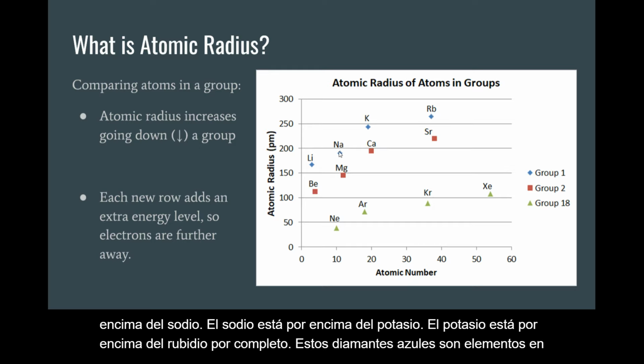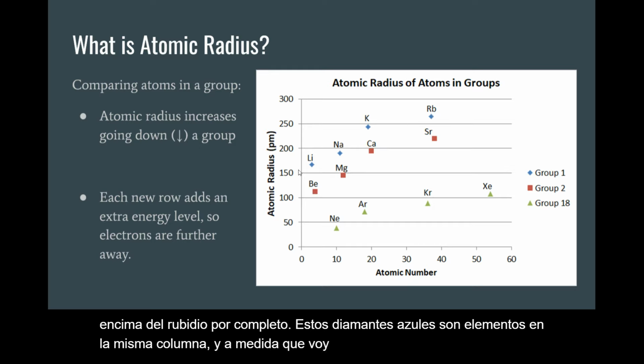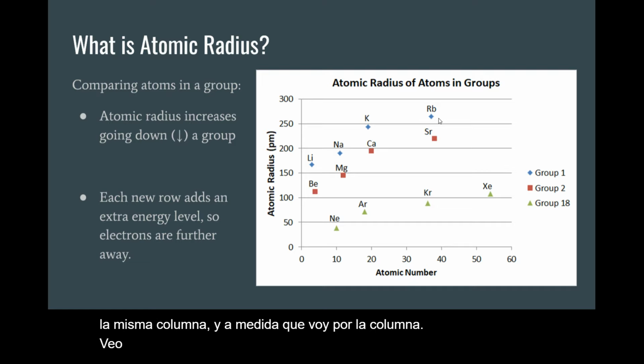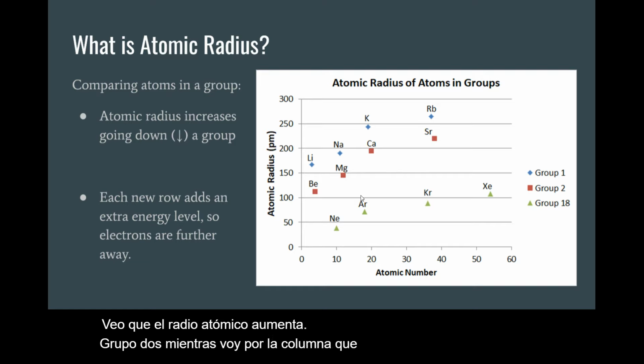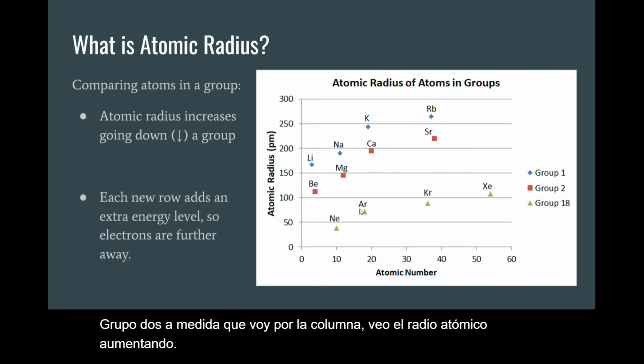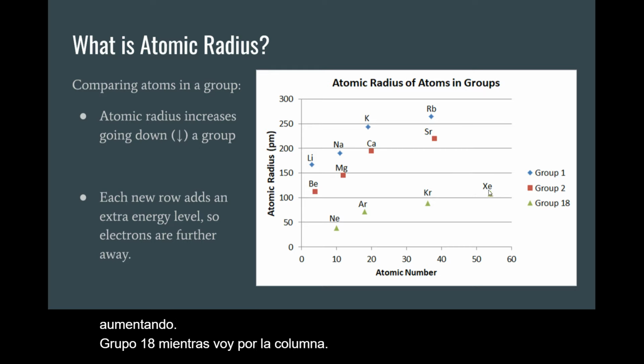And as I go down the column, I see the atomic radius increasing. Group 2, as I go down the column, I see the atomic radius increasing. Group 18, as I go down the column, I see the atomic radius increasing.